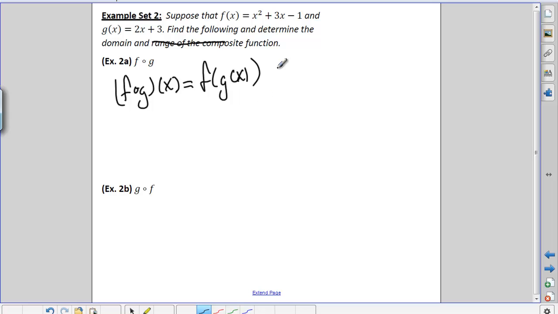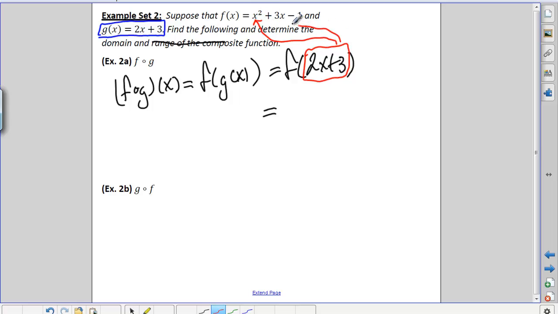Okay, which means we're going to do f of, what's our g of x? That's 2x plus 3, right? G of x right here. And then if we do f of that, that's taking a 2x plus 3, and plugging it into these x's right here, into that f function, right?